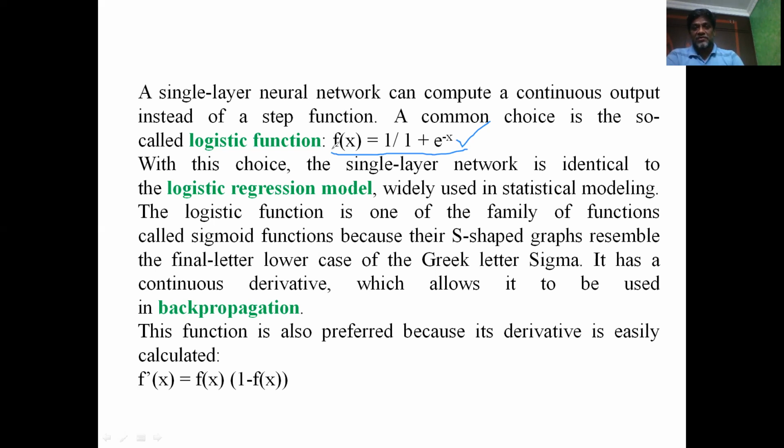Therefore, the activation function that we select should support that operation. By using this logistic function, our single layer feed forward neural network is similar to the logistic regression model, which is used in statistical analysis. So this is the same as a logistic regression model.